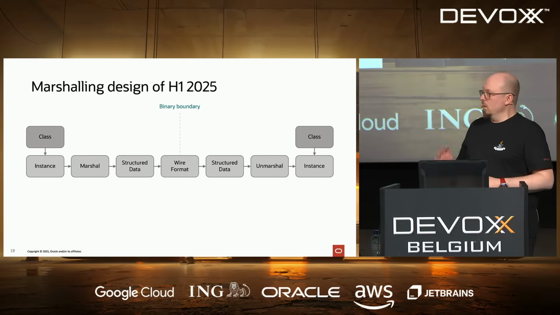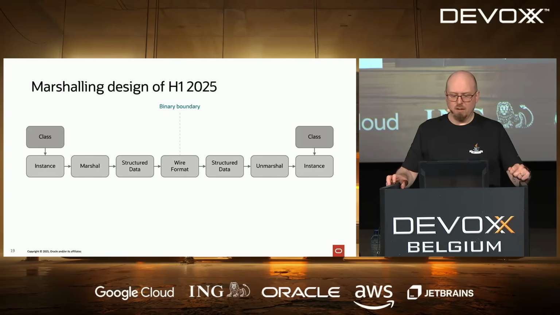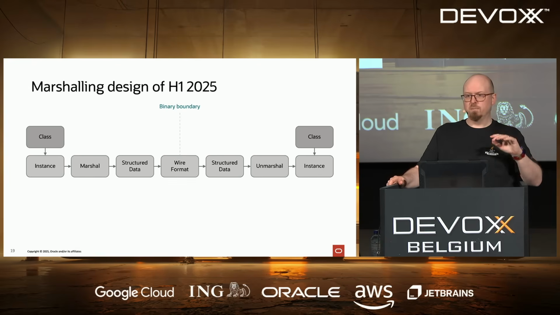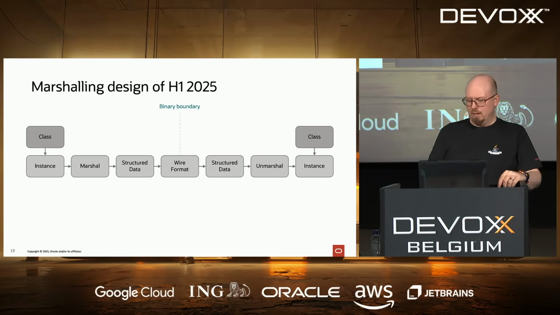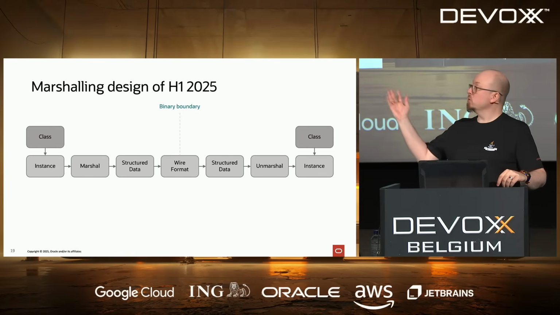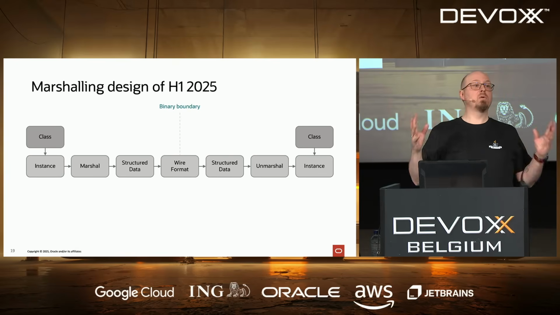So I gave a presentation, I think it was earlier this year, on how marshalling looked at that point in time. And the key feature here was we had an intermediate representation called structured data that was an immutable representation.